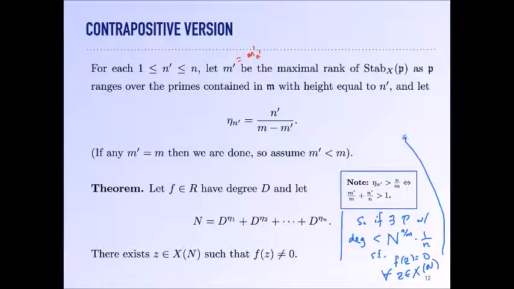Suppose we have this theorem. Then that can only happen by this theorem if some eta n prime is greater than n over m.